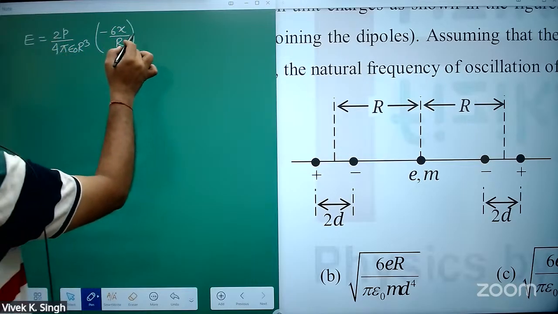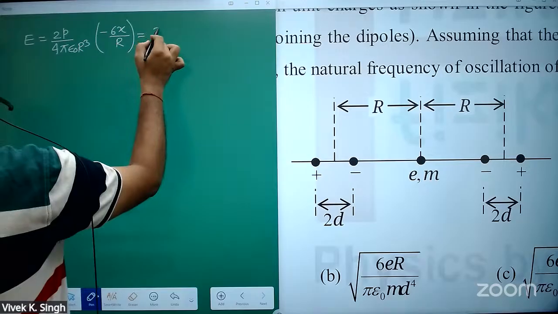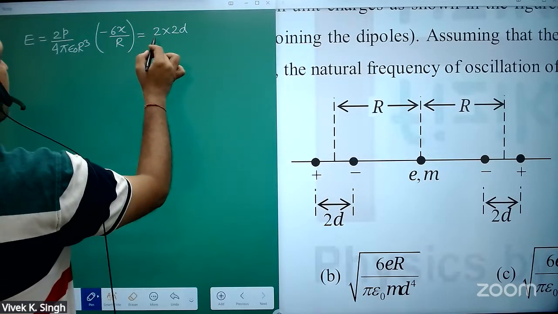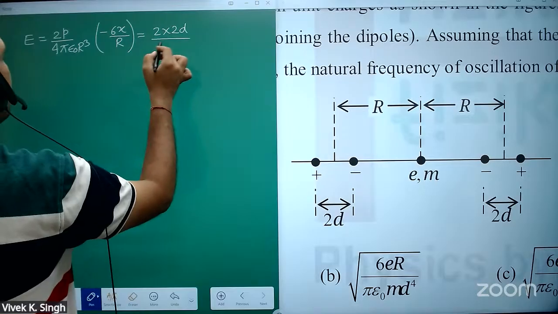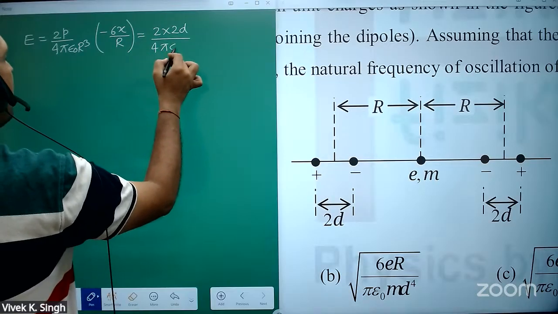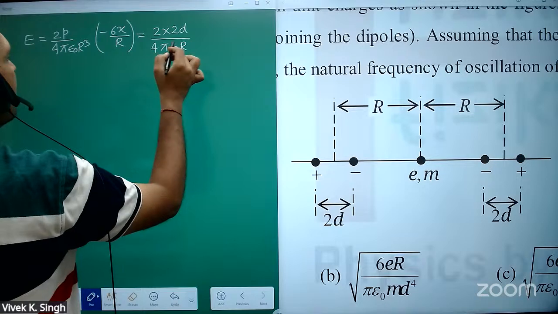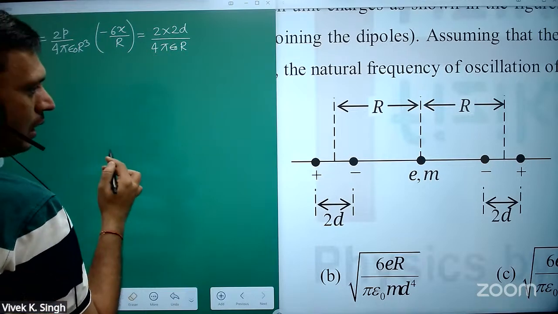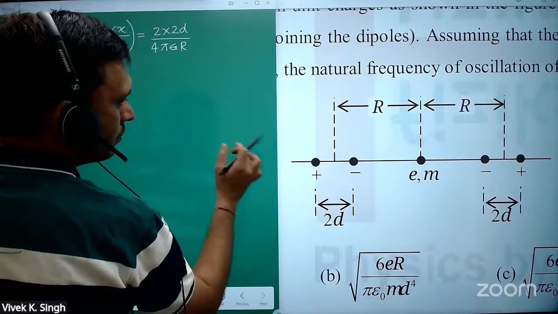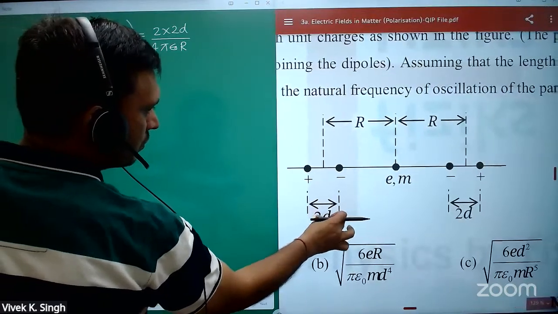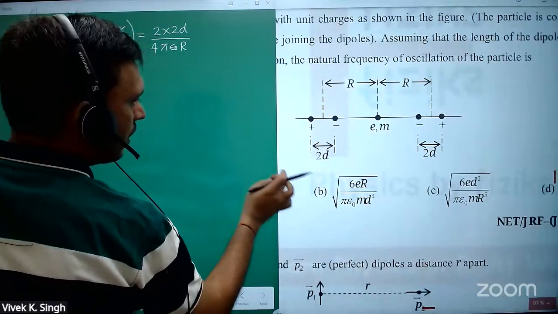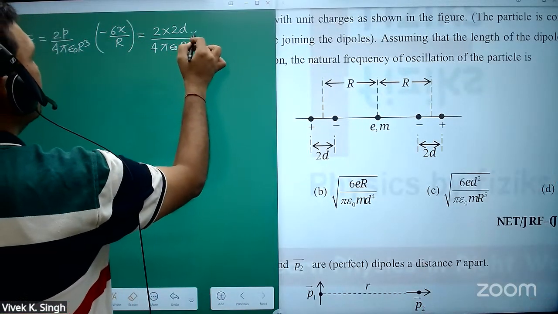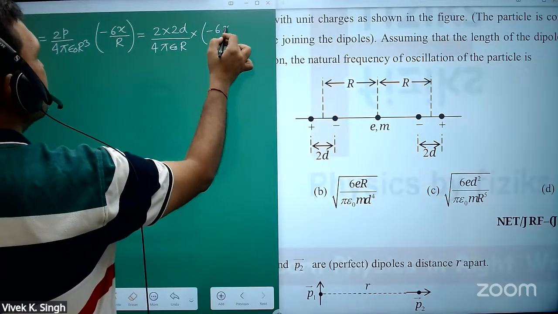P is 2d. So this is given by 2 into 2d by 4 pi epsilon naught r cube into minus 6x by r.